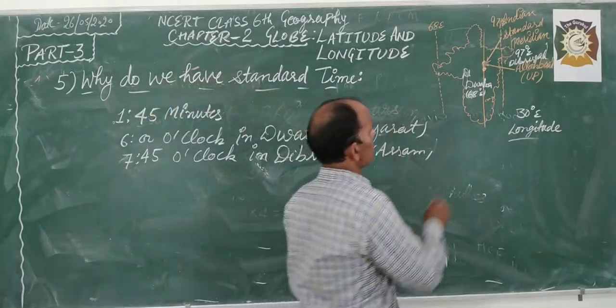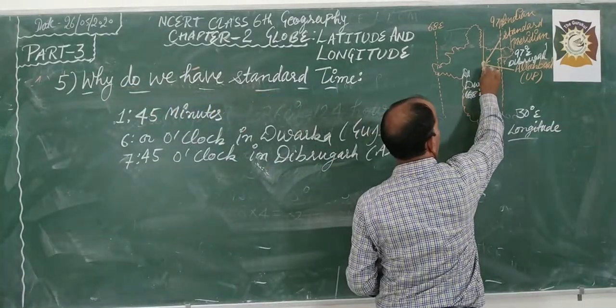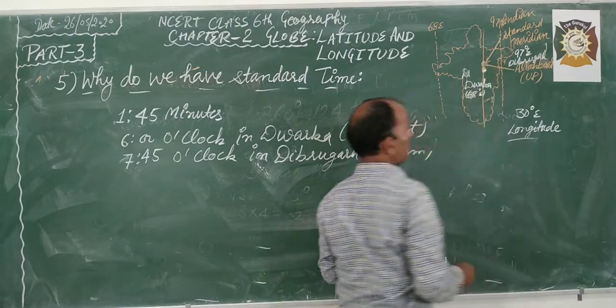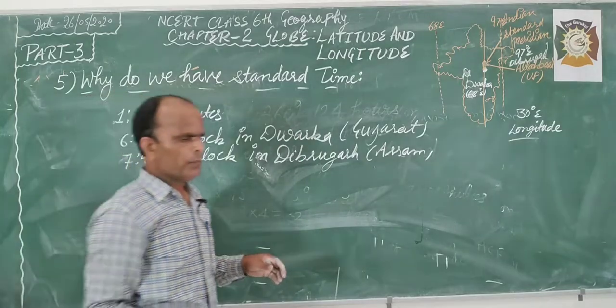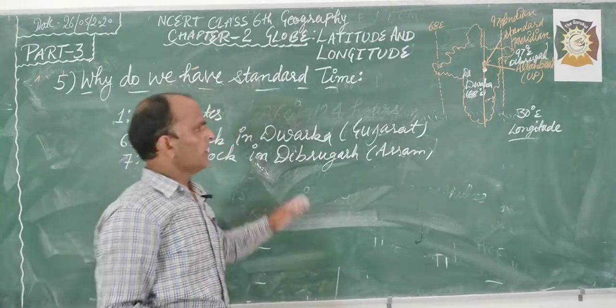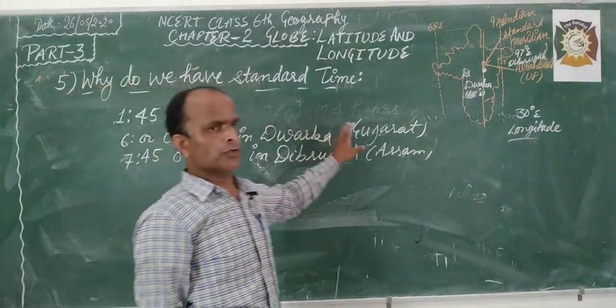So this line has been drawn. This has been assumed as the standard Indian meridian for the calculation of time.